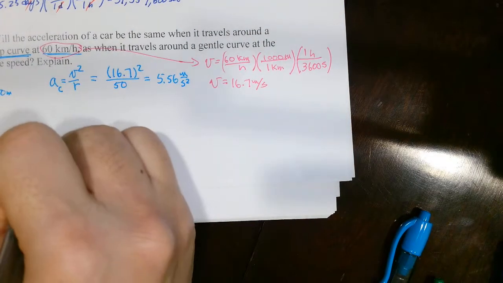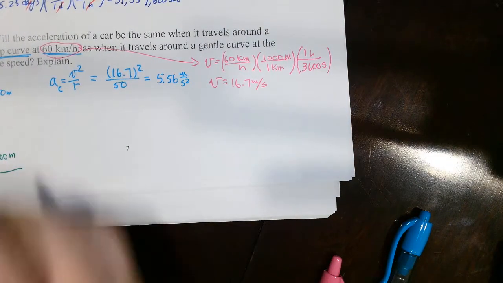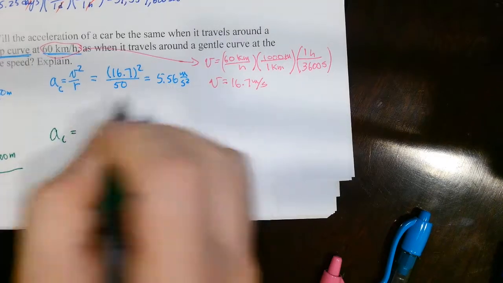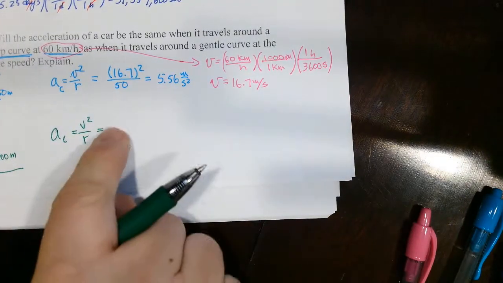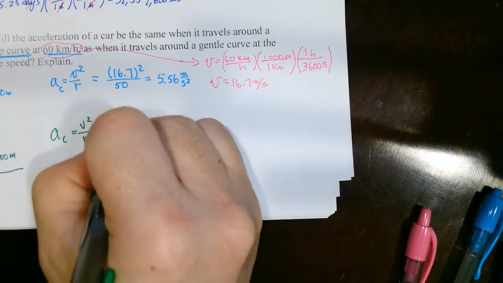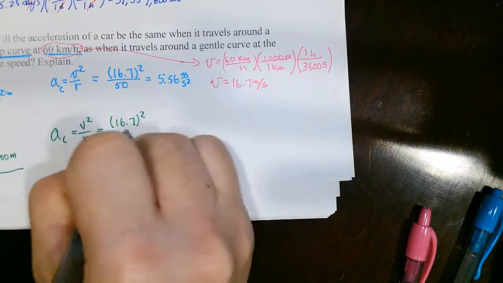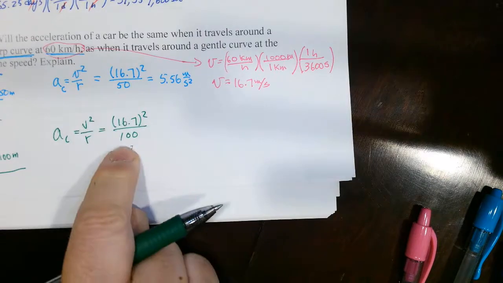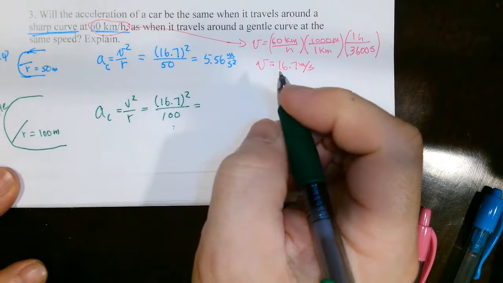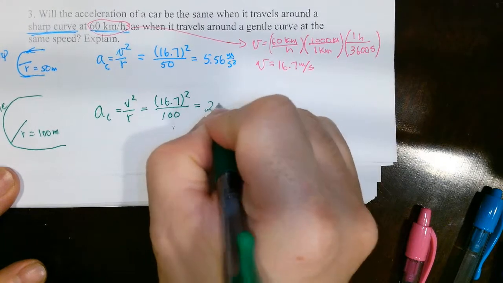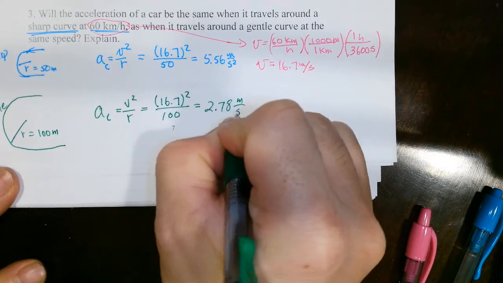However, for the gentle curve, your a sub c is equal to v squared over r, and the speed stays the same, so this is still going to be 16.7 squared, divided by 100 meters, which is the radius. Therefore, this comes out to 2.78 meters per second squared.